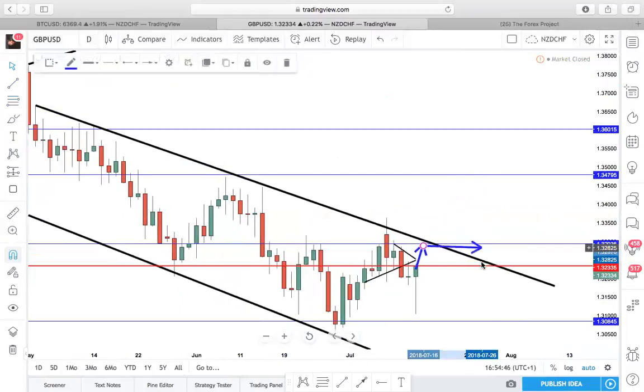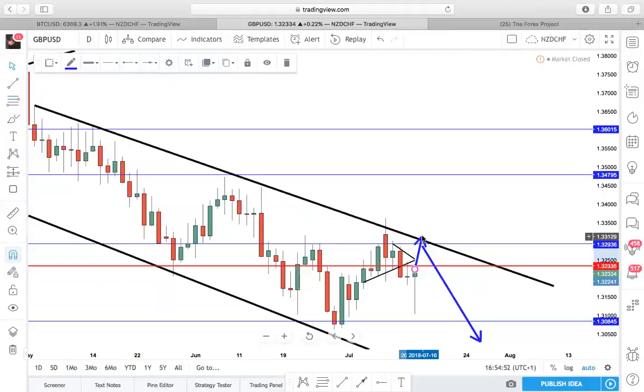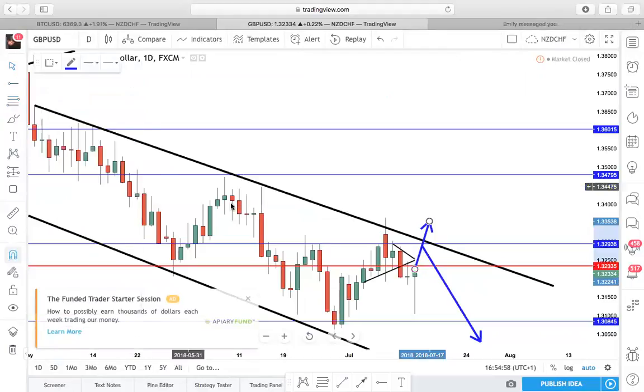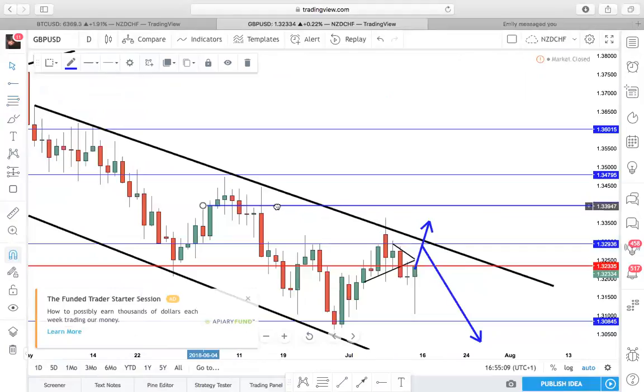From there, I'll be looking at a reversal down. From here, though, I believe we can break out and match this level here. Not that one. Right there.